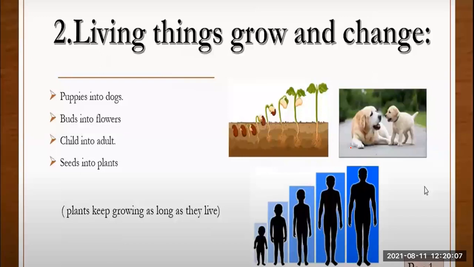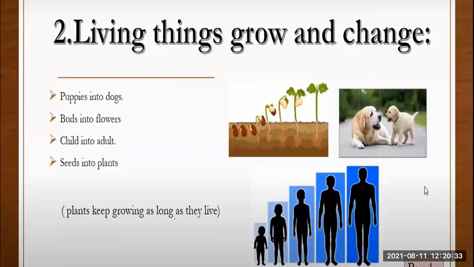This happens with all animals, not only human beings. But when we talk about plants, on the other hand, plants will keep on growing as long as they live. For example, if a plant has a life of 100 years, till that last year the plant will keep on growing.